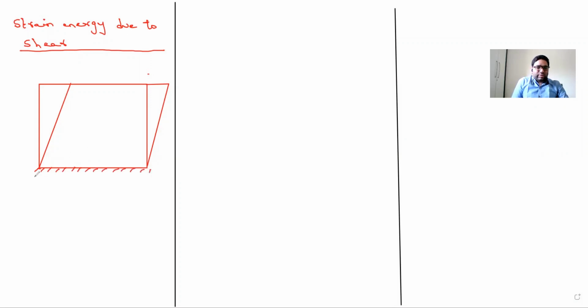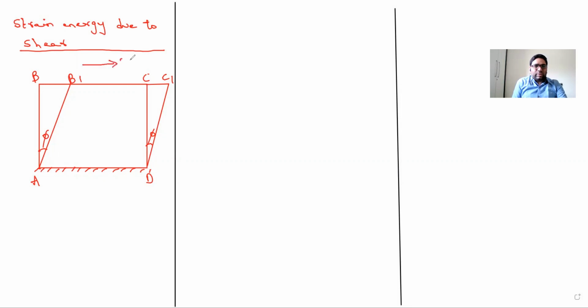This is completely fixed at the bottom. So this is A, this is B, this is B1, this is C, this is C1, this is D. This inclination is phi. This inclination is also phi. This is subjected to a shear stress tau.